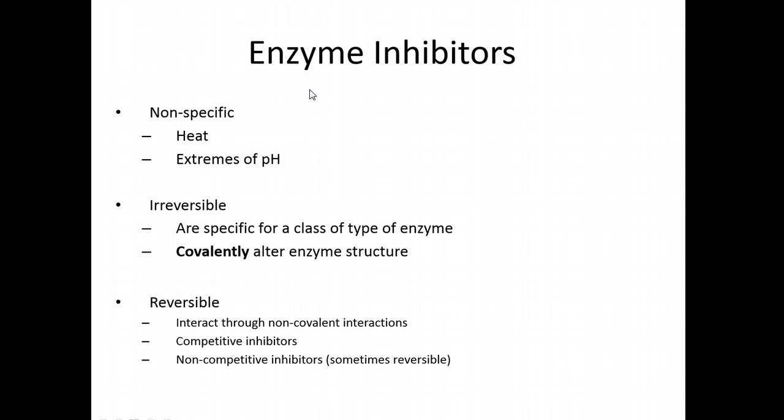A lot of drugs do this. A lot of drugs inhibit enzymes. They covalently bind to the enzyme, and that enzyme can no longer recognize a substrate, so no reaction occurs.